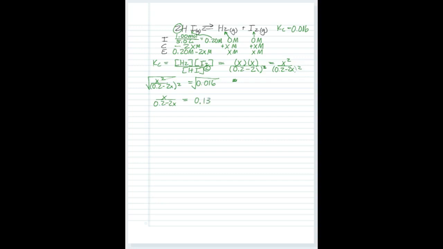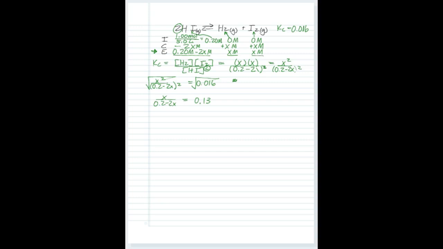So now I've given myself a simplified algebraic expression that tells me how my concentrations are related to the equilibrium constant. And because my question is asking what the equilibrium composition is, which means all of the concentrations on that line there, I can simplify this further to find X. And I need to plug X into all of these 3 equations to get my equilibrium composition.